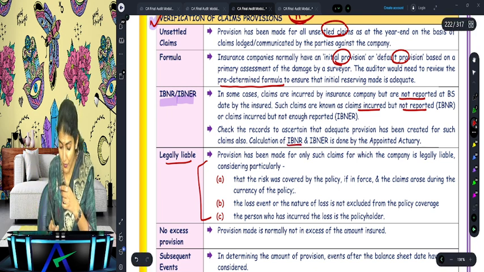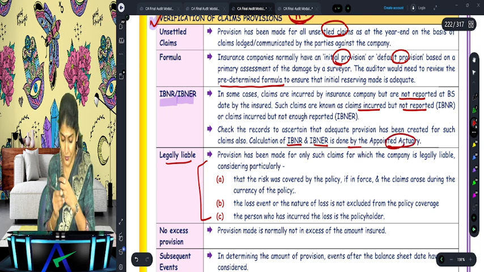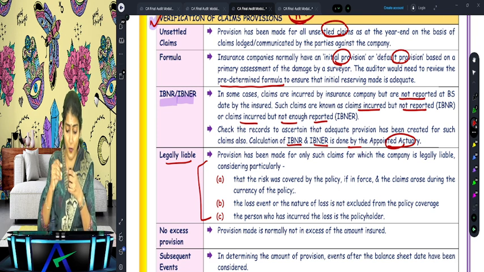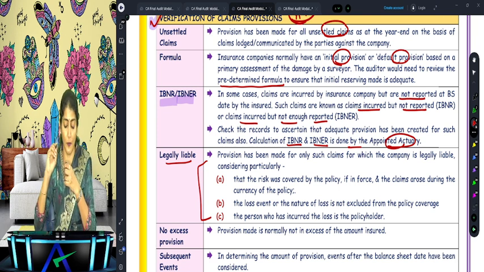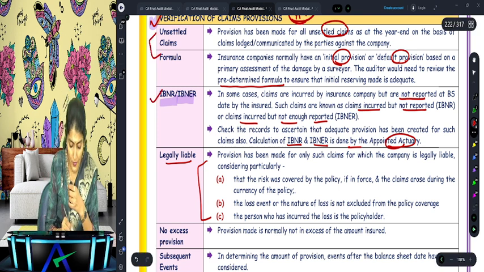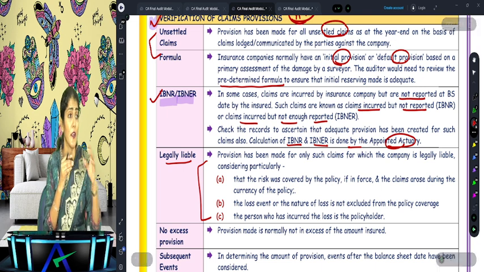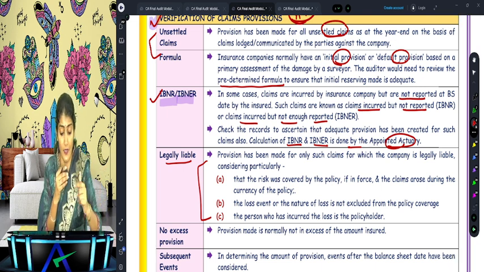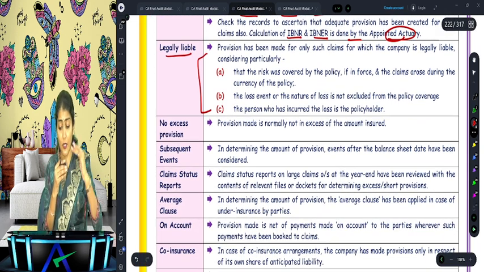The calculation of IBNR and IBNER is done by the appointed actuary, for claims incurred but not enough reported. If you write down these 3 points in the beginning of the answer, wonderful: unsettled claims formula, incurred but not reported, incurred but not enough reported.